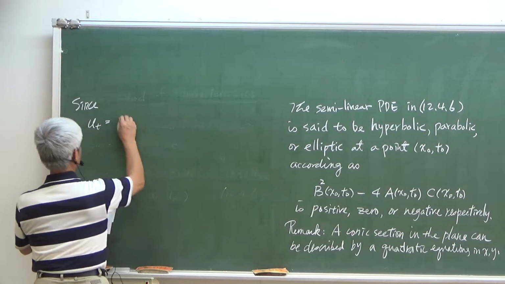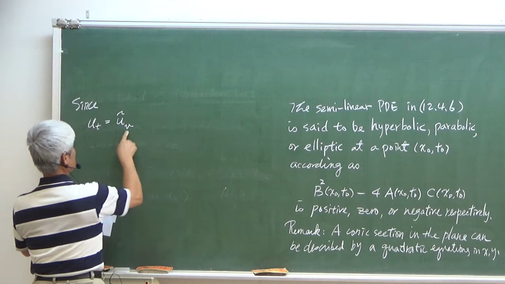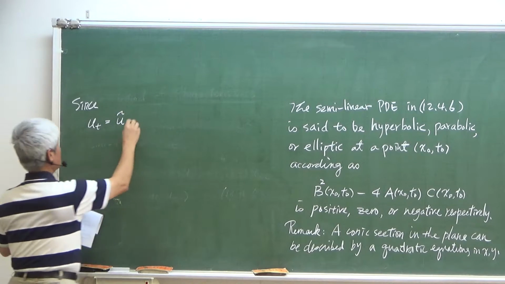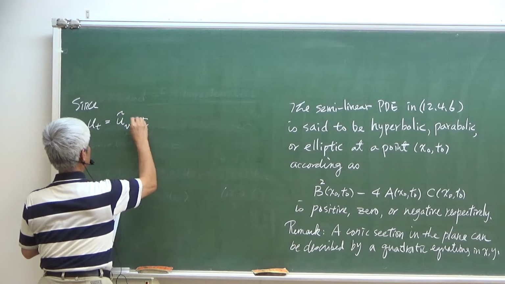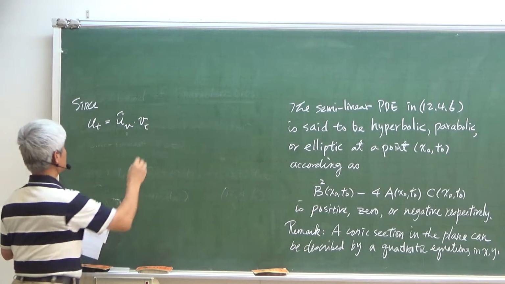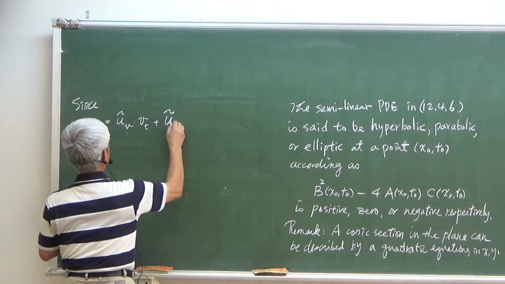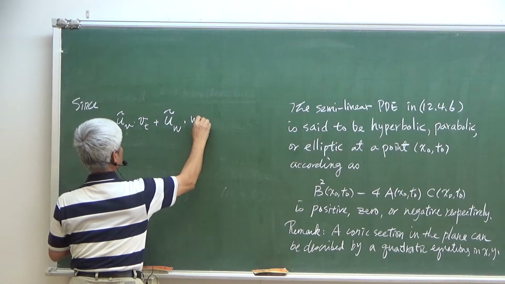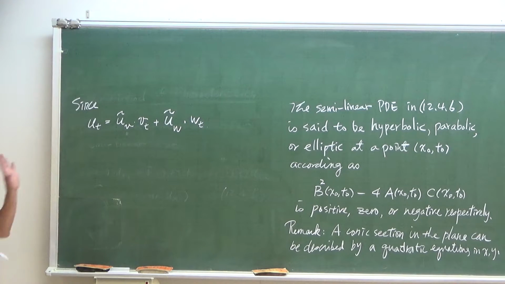So we have u tilde sub v times v_t plus u tilde sub w times w_t. This is just the chain rule.